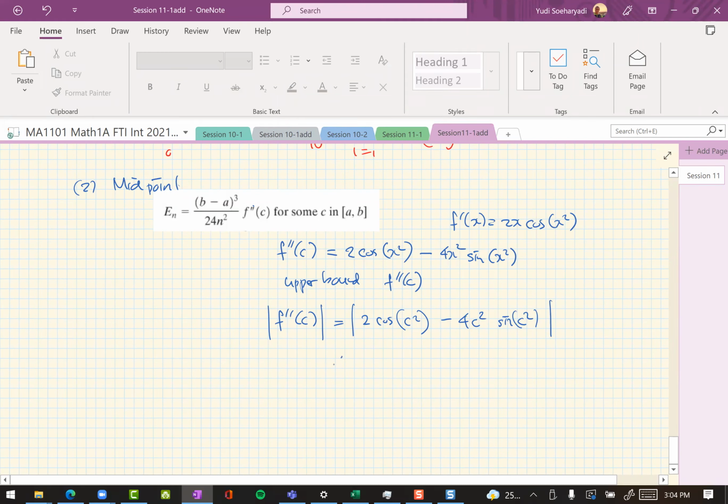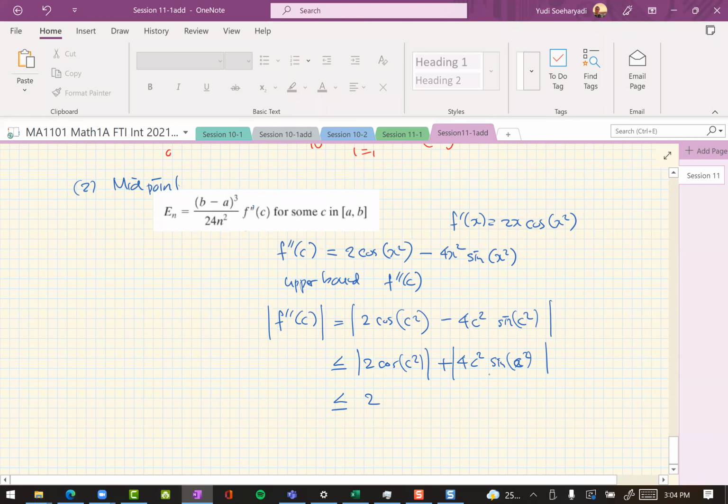And that's going to be then 2 cosine, you add them up. Right? This is less than 2, because 2 cosine is less than 1.